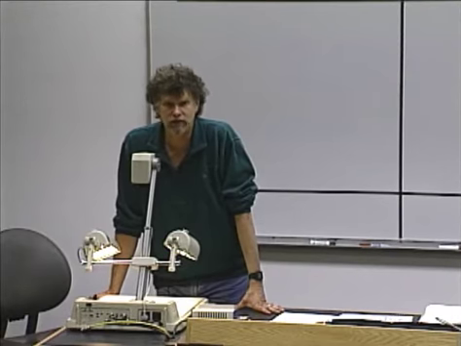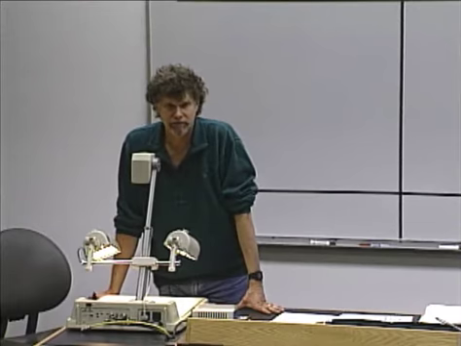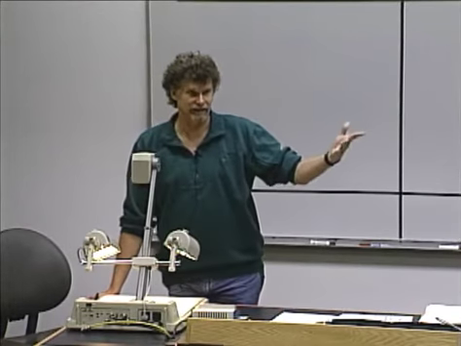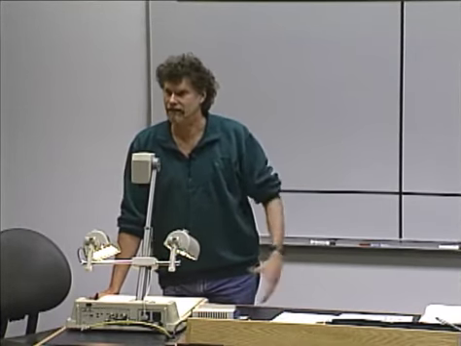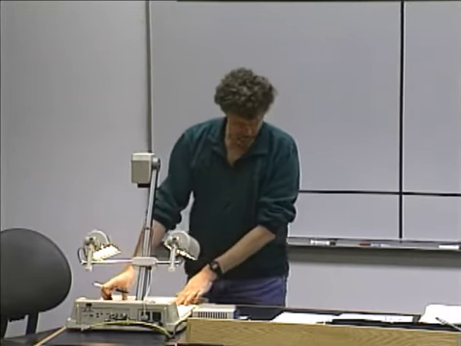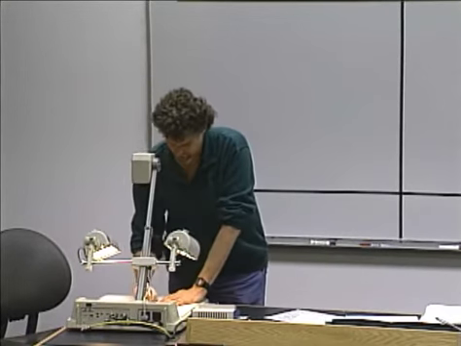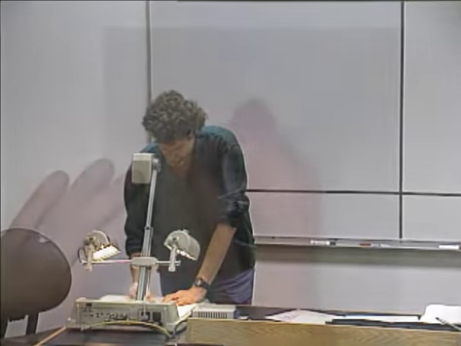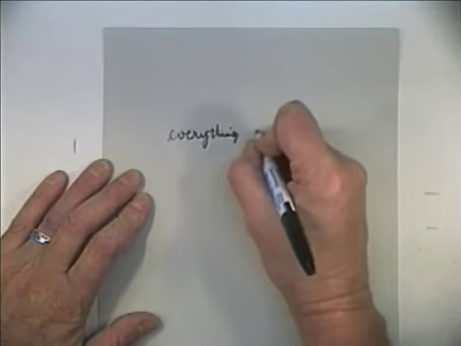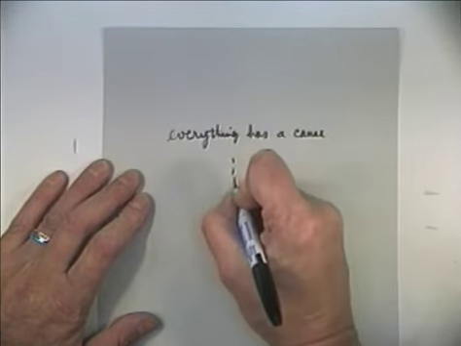What's its conclusion? There's something that's happened, or existed anyway, that didn't have a cause. Now that's a problem, right? Here we've got an argument. It starts off, everything has a cause, blah, blah, blah.